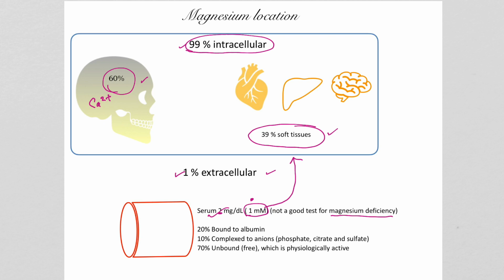Like calcium, some of the magnesium is bound to protein, some is bound to anions, and the rest, which is physiologically active, is the magnesium ion that is free. This is the magnesium that is transported and used by all the cells.